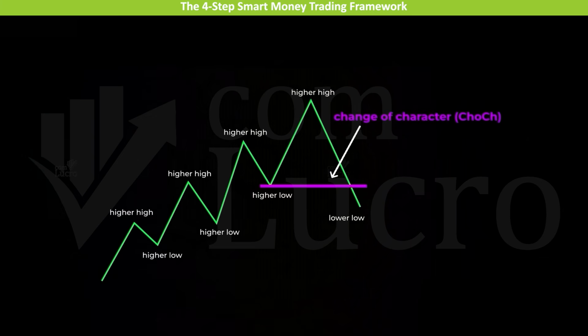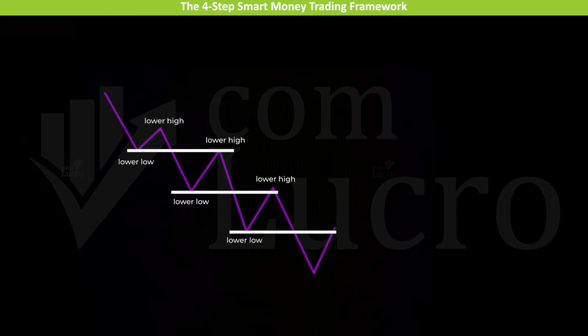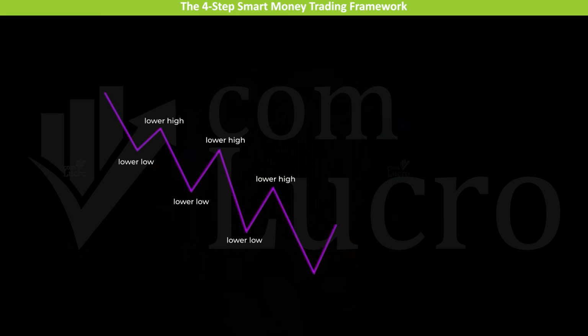It is called a change of character because the market shifts from an uptrend structure to a downtrend structure, and the cycle continues. During a downtrend, price forms lower highs and lower lows. Each time a previous low is broken, that move is considered a break of structure, or BOS.